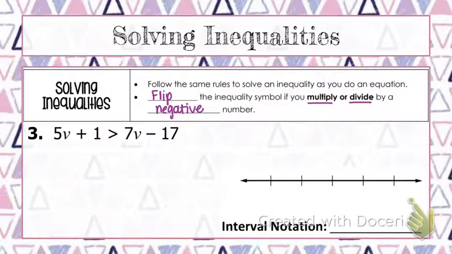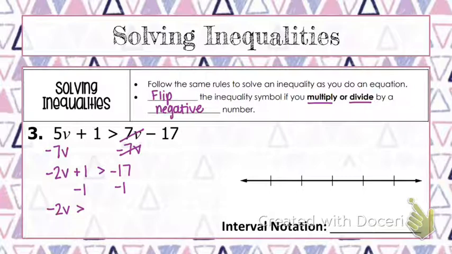So the first thing that we want to do is we want to get our variables on the same side. So we're going to subtract 7v from both sides. That's going to give us -2v plus 1 is greater than -17. Now we need to subtract 1 from both sides. That gives us -2v is greater than -18.